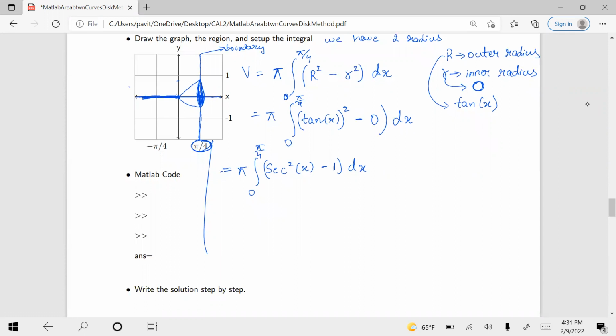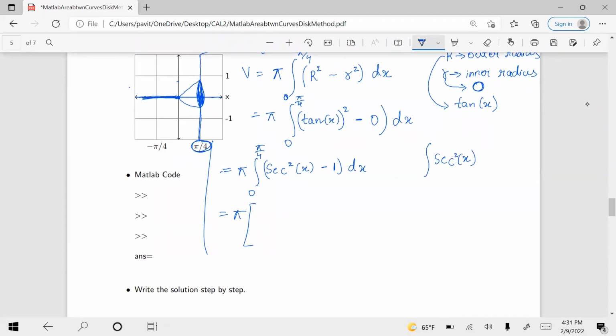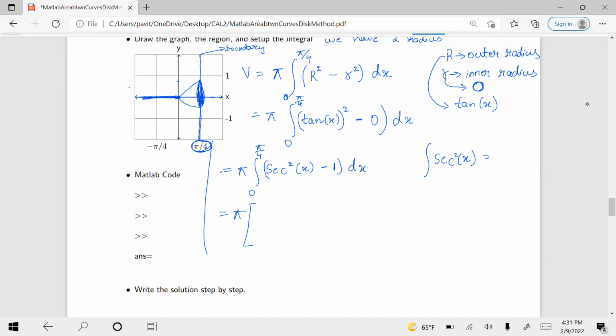Now equal to pi, 0 to pi by 4. Let me write the formula. Now integration of secant square x dx. It's a standard formula, I guess you must have known.